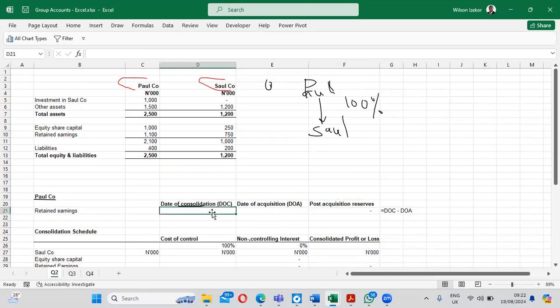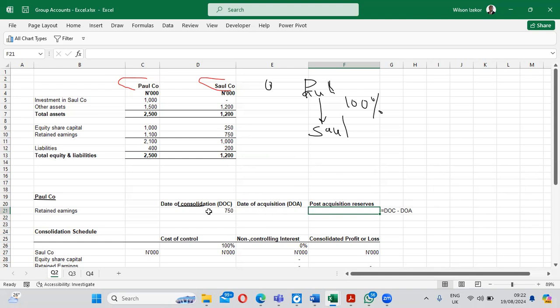So all I need to do is to pick my retained earnings at the date of consolidation of the subsidiary, which is 750. And we have been told that the parent company acquired the subsidiary company on the date of consolidation.